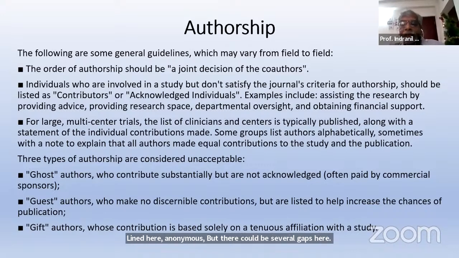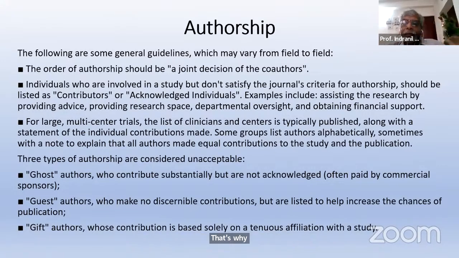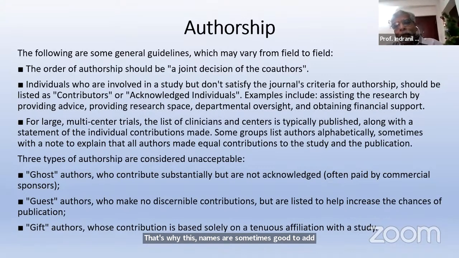Typically, the names of the authors should not appear when you are sending them out to referees, reviewers, but there could be issues there. That's why these names are sometimes put to add weight to the manuscript. You see, somebody very big has been part of my research team, has been part of my author team. He has been my collaborator, my co-author, and so on.